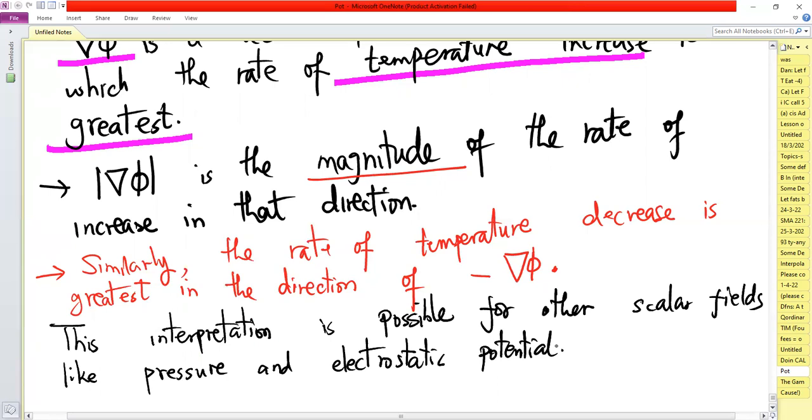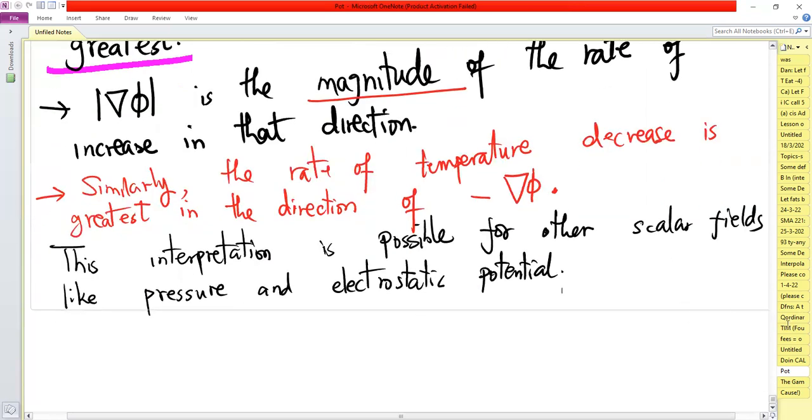Now suppose that the electrostatic potential is given by this function.